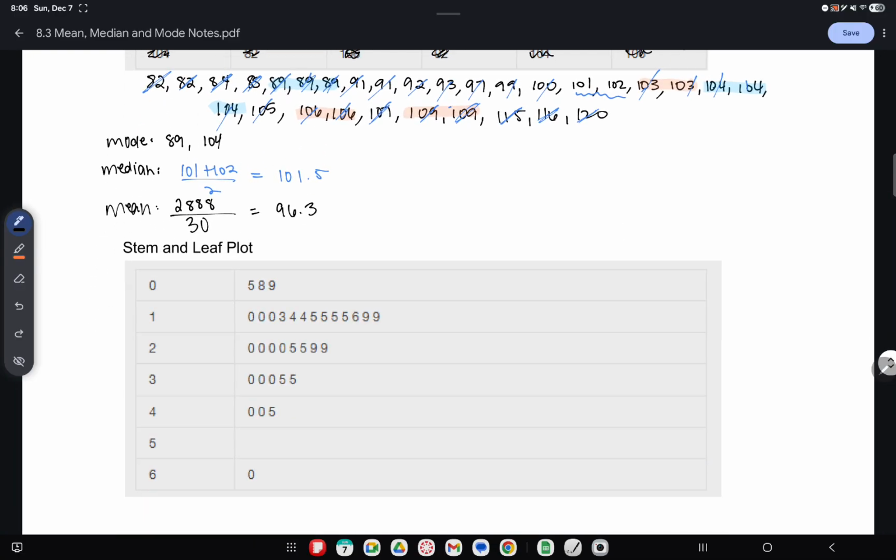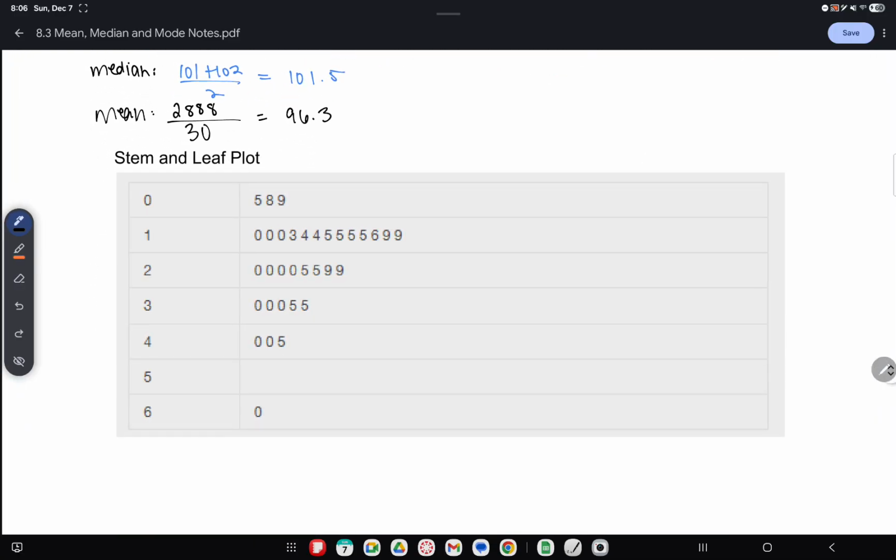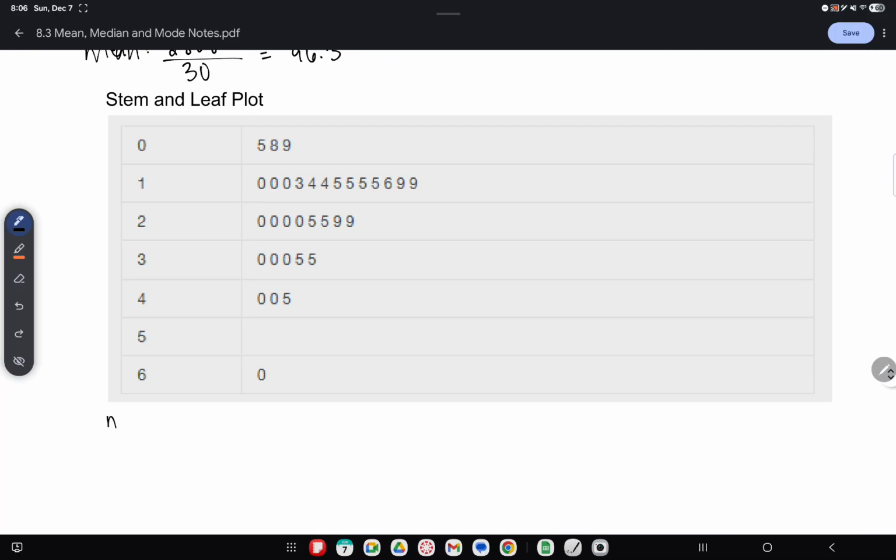Okay, if I have a stem and leaf plot, you can do the same things. Do mode, median, and mean. So the mode is the one that occurs the most. So I've got 3 10s. I've got 1, 2, 3, 4, 5.